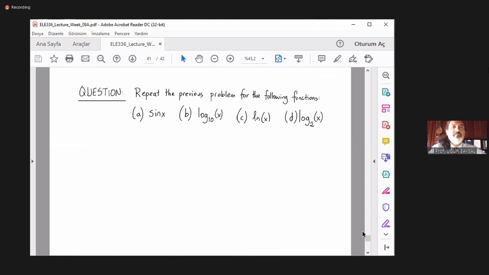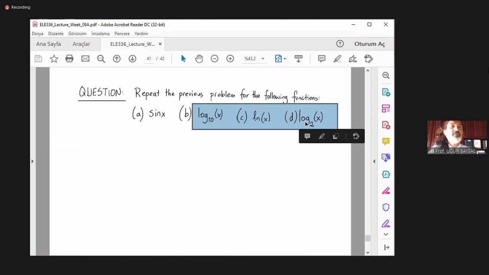Also, there are some exercises for those interested in those topics. These exercises are related to other real-valued functions, like trigonometric functions or logarithmic functions or base 2 logarithmic functions as well. Of course, these are left as an exercise after the midterm.